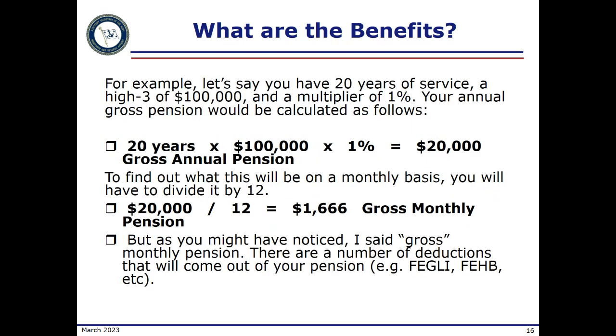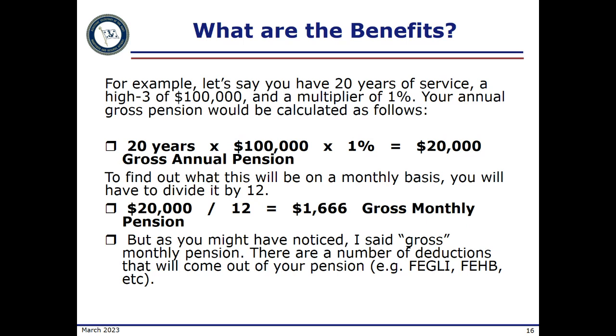Next slide, please. In this example, the person has 20 years of service multiplied by the high three salary of $100,000. This is multiplied by 1%, and this calculates to the employee's gross annual pension being $20,000.